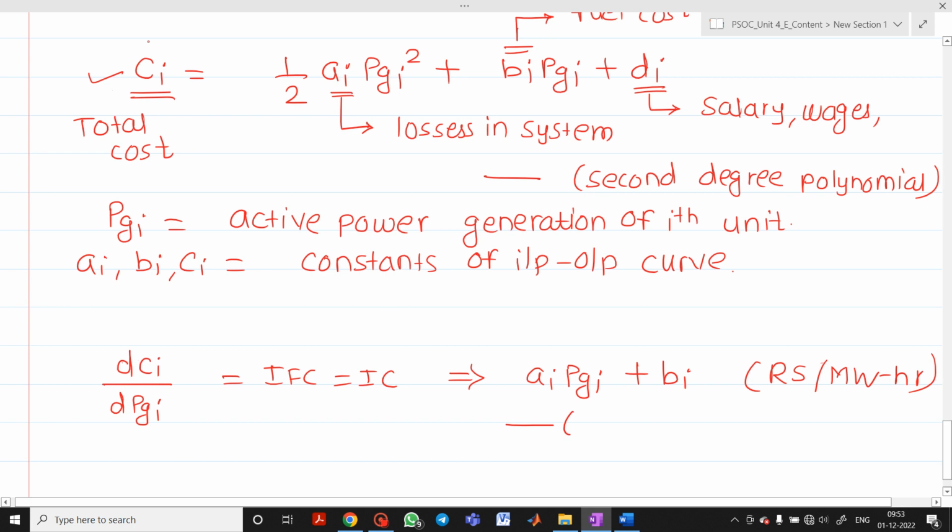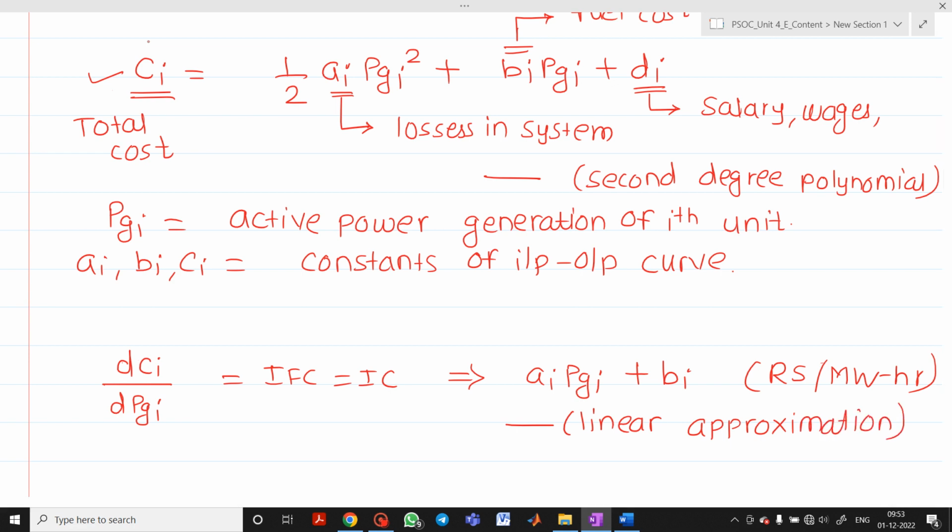We will get this expression in terms of a linear approximation. This means that when we are trying to plot the slope of the input output curve, the value of i will be equal to 1, 2, 3 up to n.